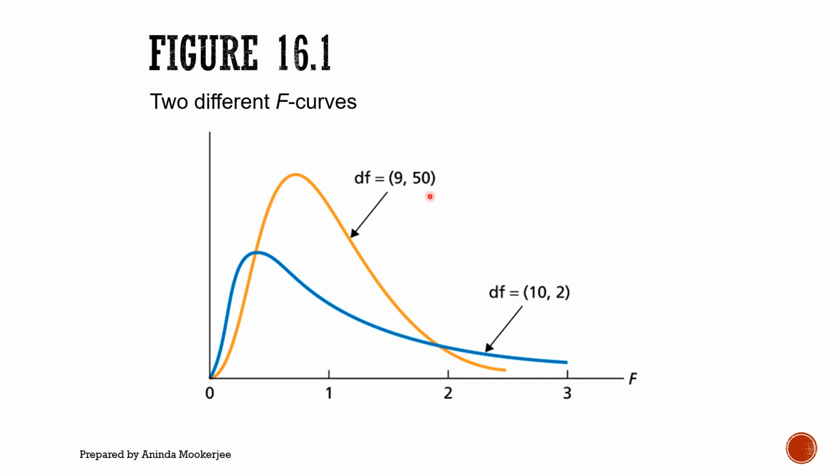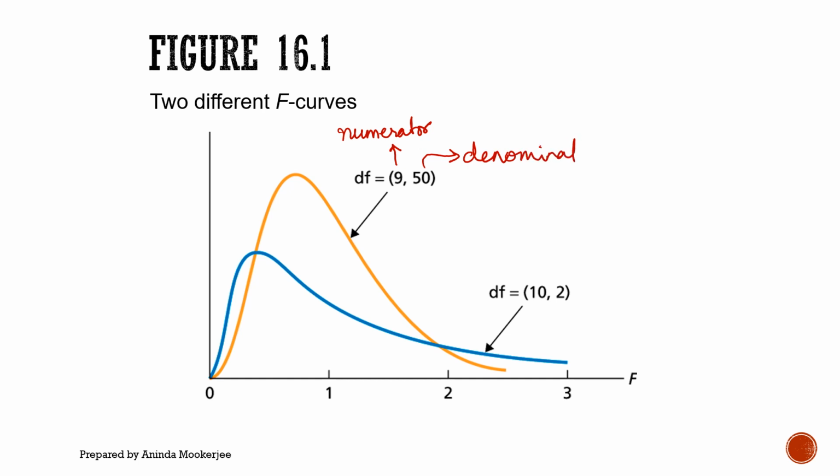Another thing that we notice is the DF values. Instead of DF having a single value, it has two values, 9, 50. So the DF for F curves has two parameters. The first parameter is called the numerator value, and the second one is called the denominator value.